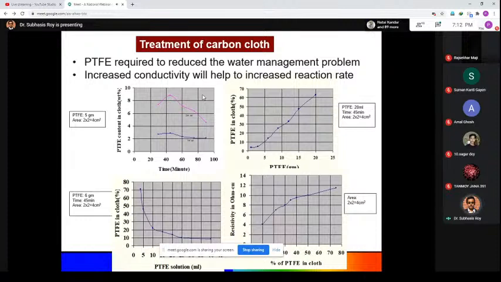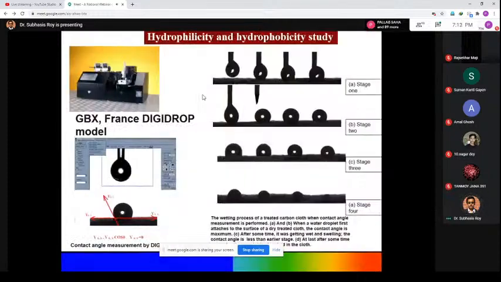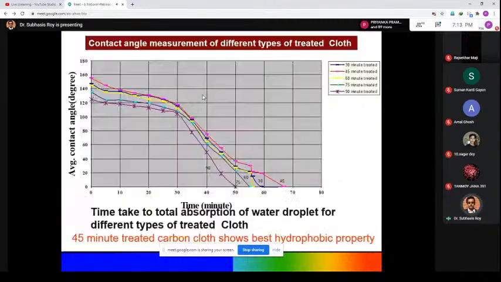That means it repels the water and reduces the water accumulation problem in the fuel cells. So we optimized the PTFE content to reduce the water management problem. Here is the contact angle measurement showing the hydrophilic property of the materials, and 20% PTFE gives a high hydrophobic property.